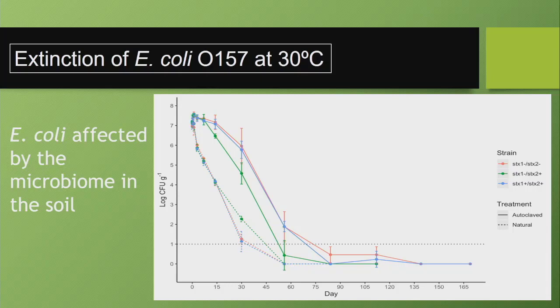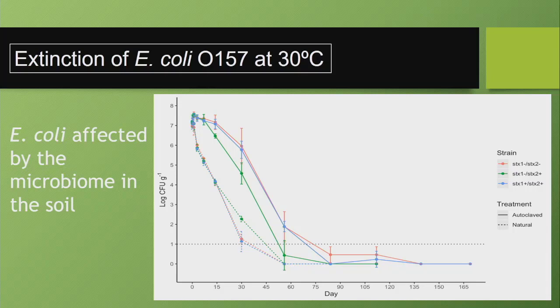Maybe warmer conditions are promoting just the natural microflora to have a more robust growth and outcompete this E. coli that they're looking for. So they wanted to see if there was a difference if they put these microorganisms in almost sterile soil, not exactly, but in clean soil versus just soil that wasn't treated.